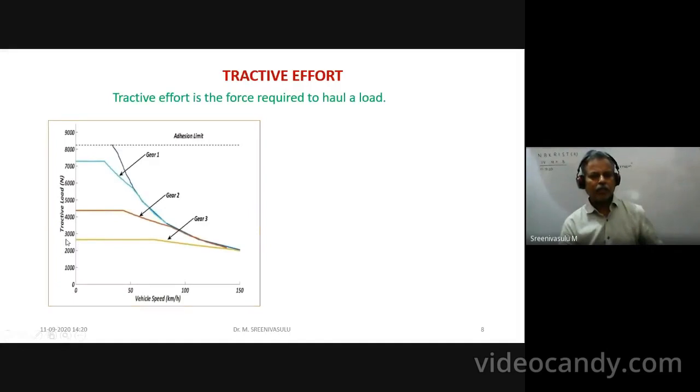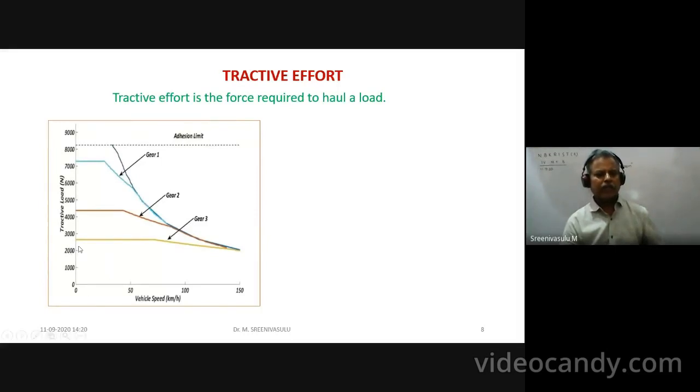So gear 1 is essentially required in the beginning, because in the beginning the tractive effort is close to 7,250. Soon after, the speed picks up, and the effort required is also going to be reduced. The moment it comes down to close to 4,250, we shift to gear 2. Then further, if the speed increases, the requirement of tractive effort decreases.